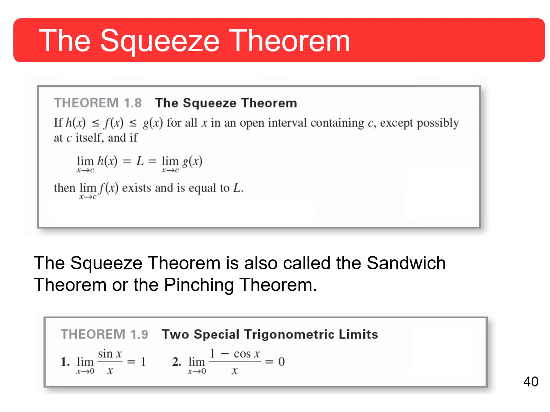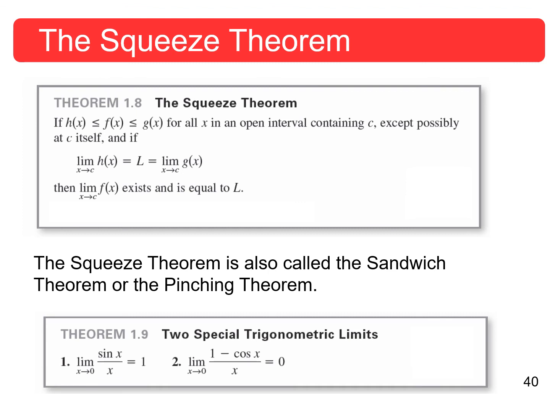If the limit of h of x as x approaches c is equal to L, and the limit of g of x as x approaches c is also equal to L, then the limit of the middle function f of x as x approaches c exists and is also equal to L. This squeeze theorem is also known as the sandwich theorem or the pinching theorem.